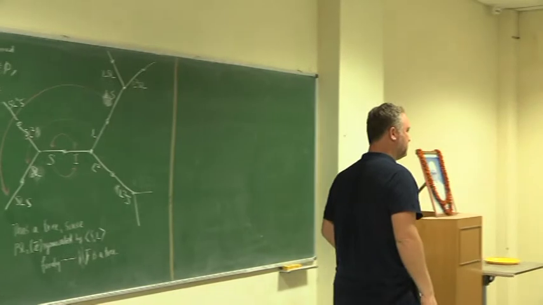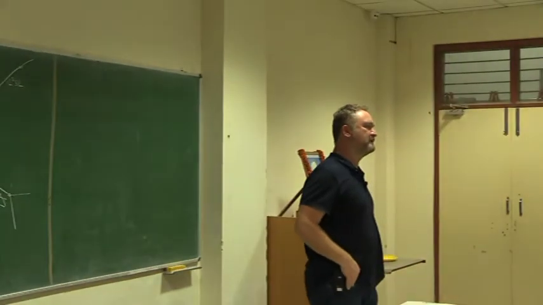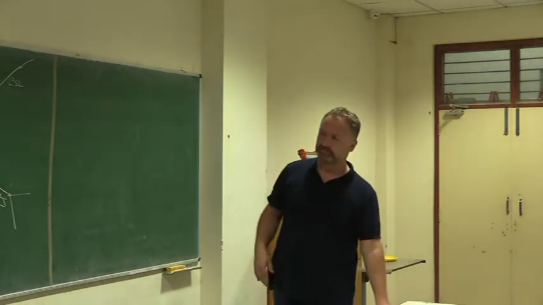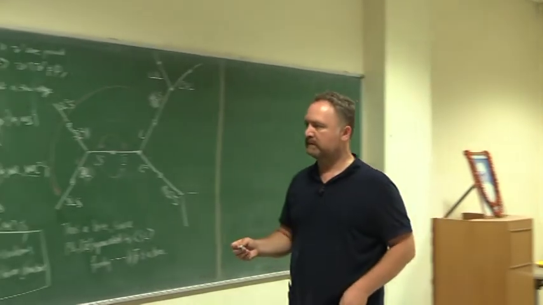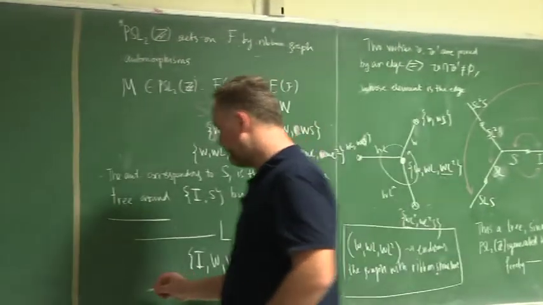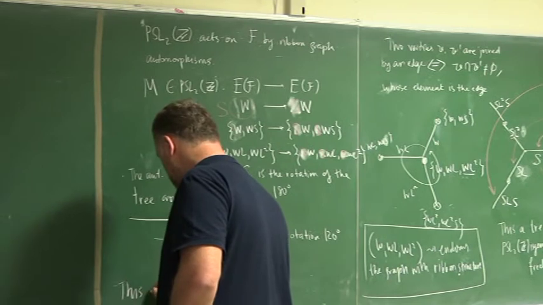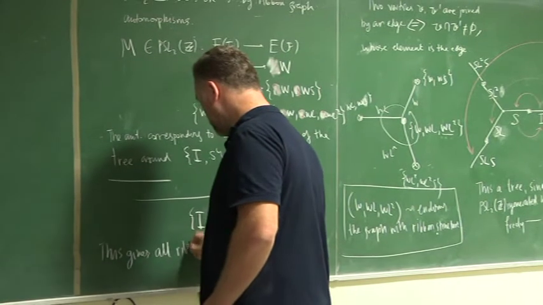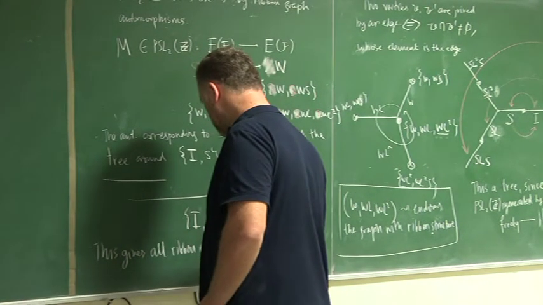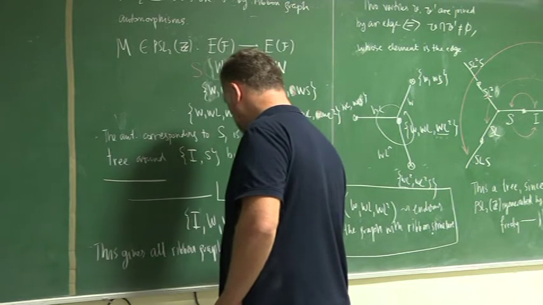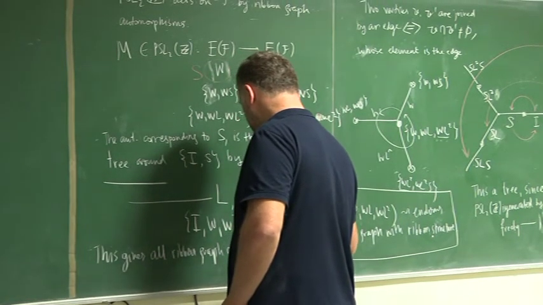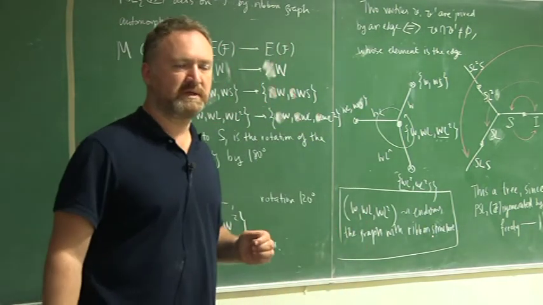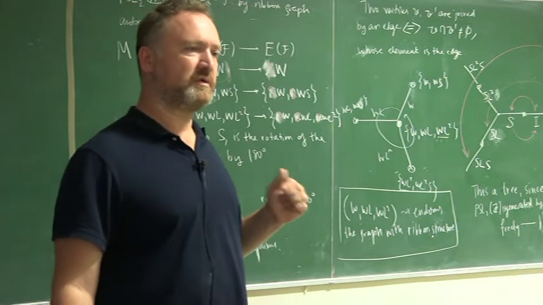And in fact, these will give us the set of all ribbon graph automorphisms of the tree.